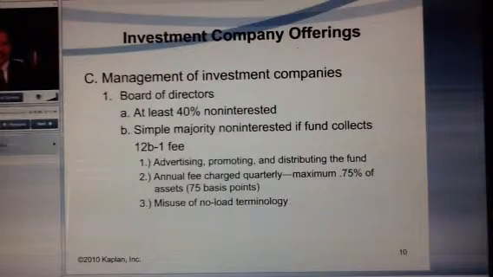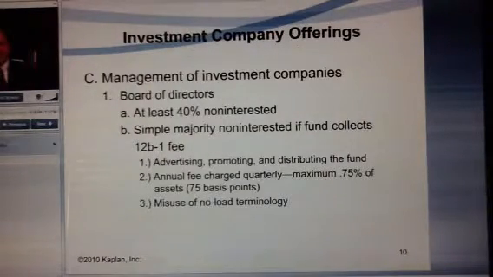On the board of directors, we need some public representation. The standard mix for public representation is at least 40% non-interested. That's the public representation. So at least 40% non-interested, which means a maximum of 60% interested.